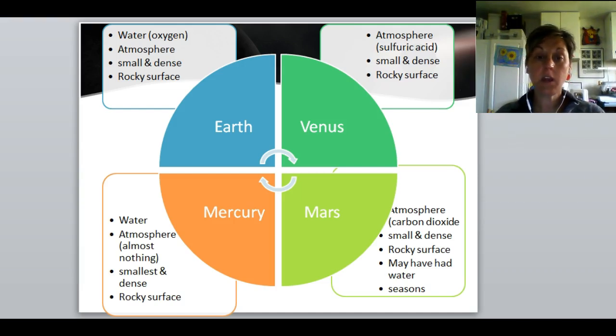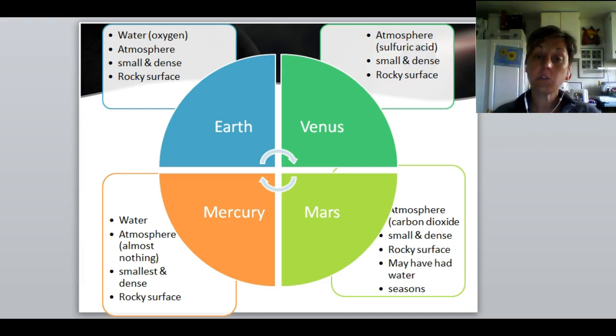When we talk about the inner and outer planets, the inner planets are the 4 planets that are closest to the sun, okay? And they all have different characteristics. If we look at these 4 planets, we know that Earth has water and oxygen. It has an atmosphere.